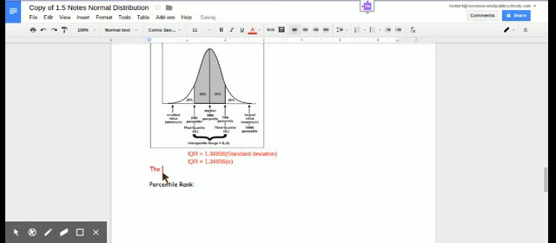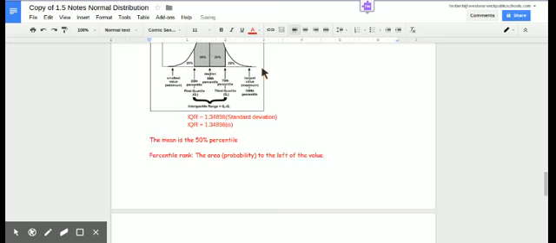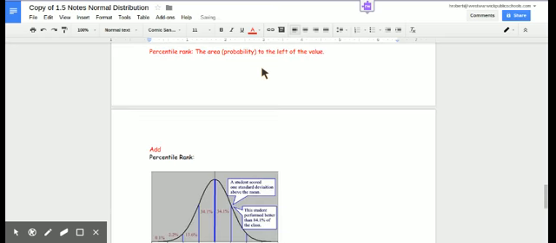Another thing to notice is the fact that the mean is the 50th percentile, so the second quartile. There also is something called percentile rank. This is just the area or probability to the left of the value.